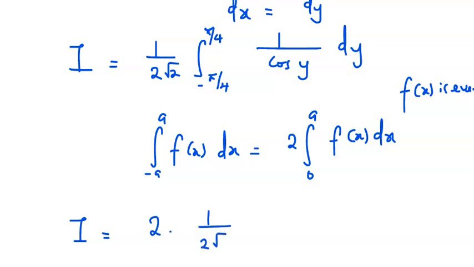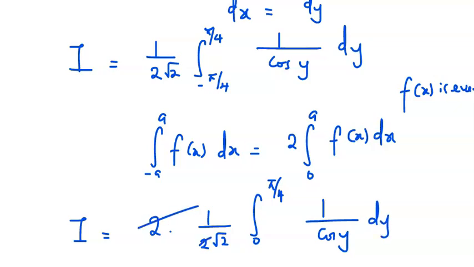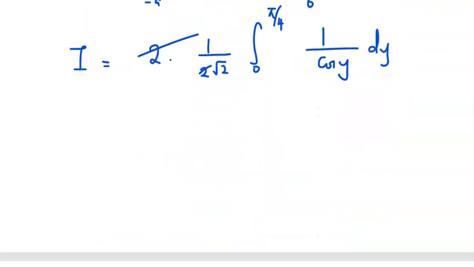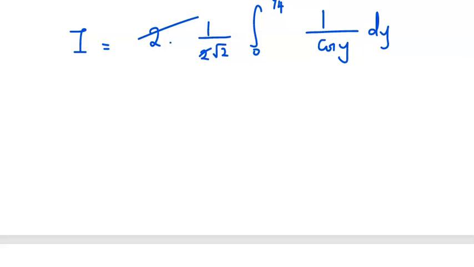then 1 over 2 root 2, the integral running from 0 to pi by 4 of 1 over the cosine of y, and then we have y dy. So we know these two get cancelled with these two. So from here now, we have I is equal to 1 over root 2 multiplied by the integral from 0 to pi by 4 of 1 over, let's multiply up and down by the cosine of y.